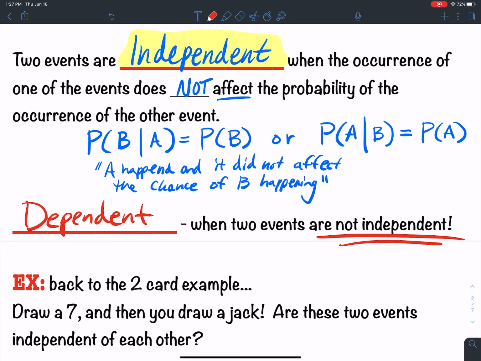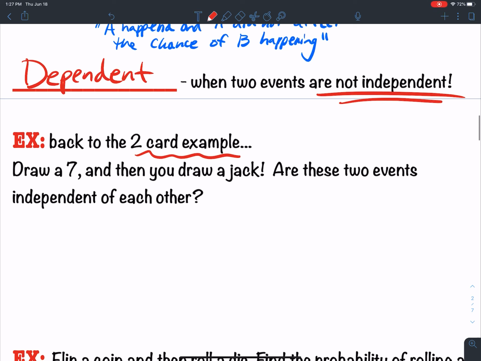So let's go back to the 2-card example. We draw a 7 and then you draw a jack. Are these two events independent of each other? What is the probability of drawing a 7? The probability of drawing a 7 is, well, how many 7s are in the deck?